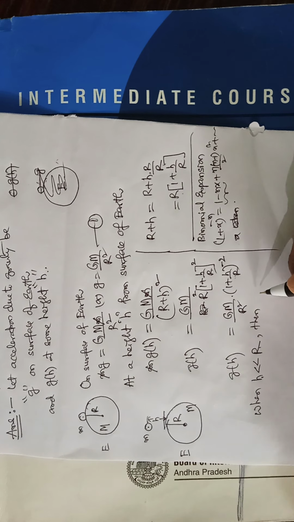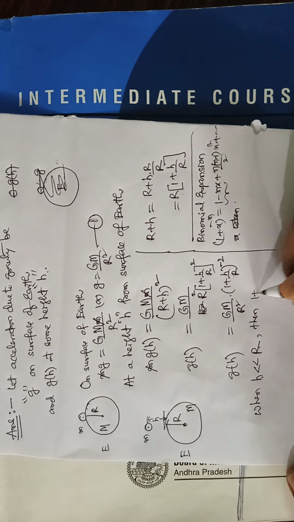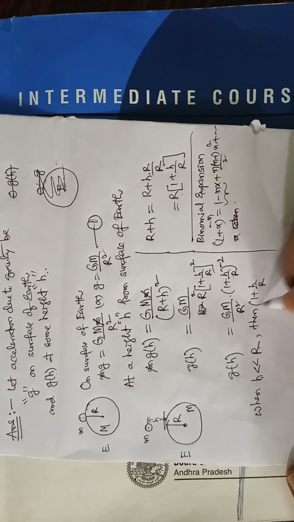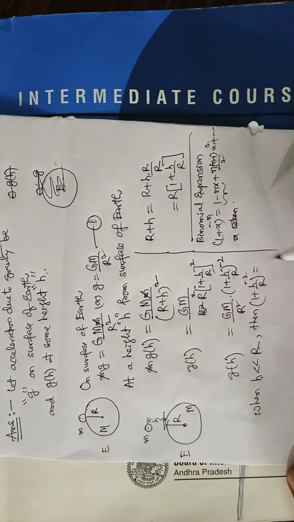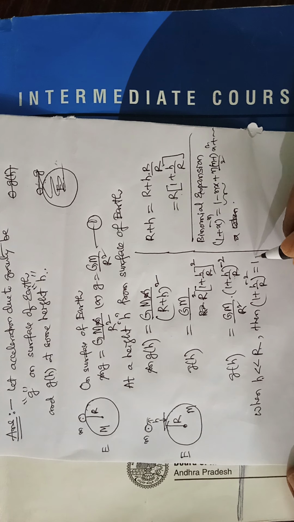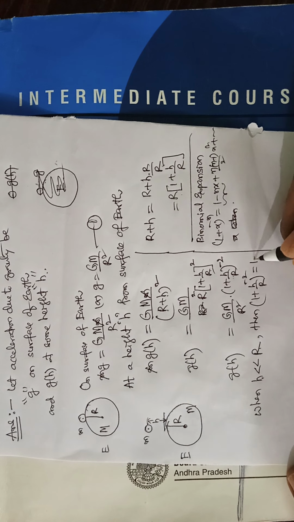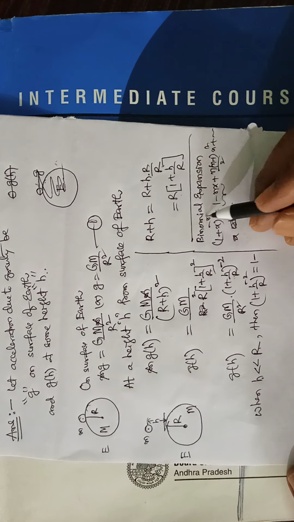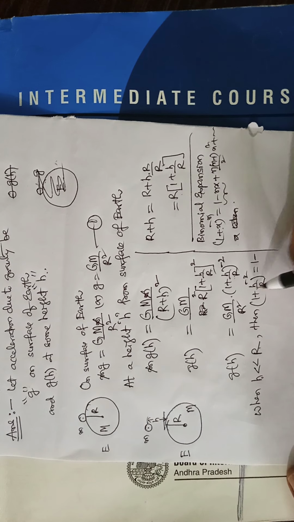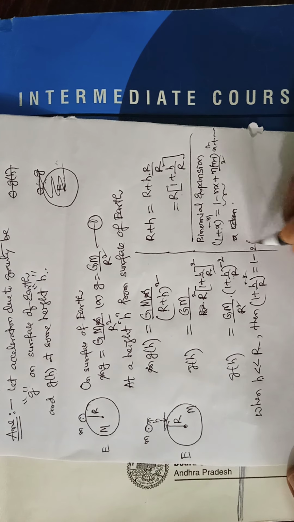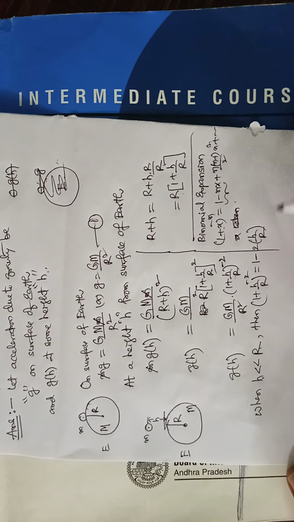So 1 plus h by R power minus 2 becomes 1 minus nx, 2 into h by R.